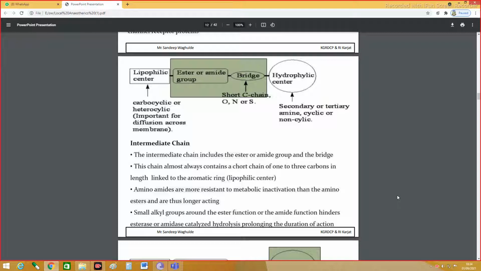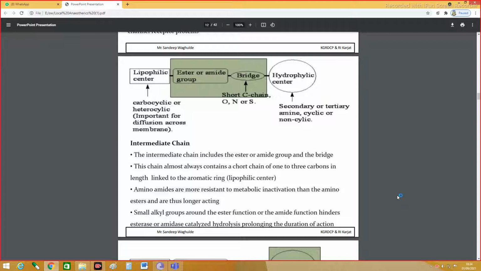This chain almost always contains a shorter chain of 1 to 3 carbons, and the terminal carbon is attached to a lipophilic center, that is an aromatic ring or a heterocyclic molecule.